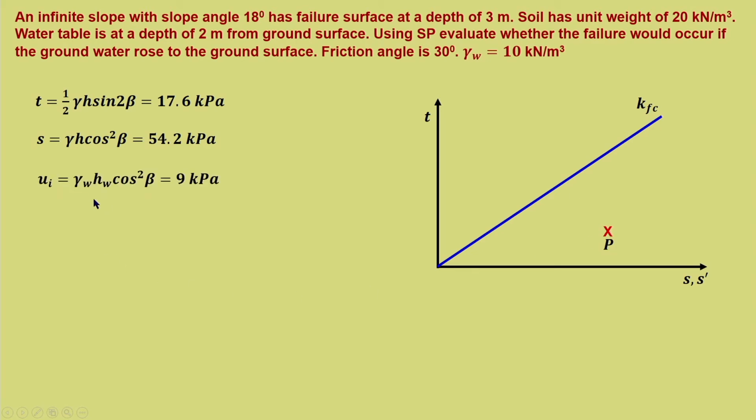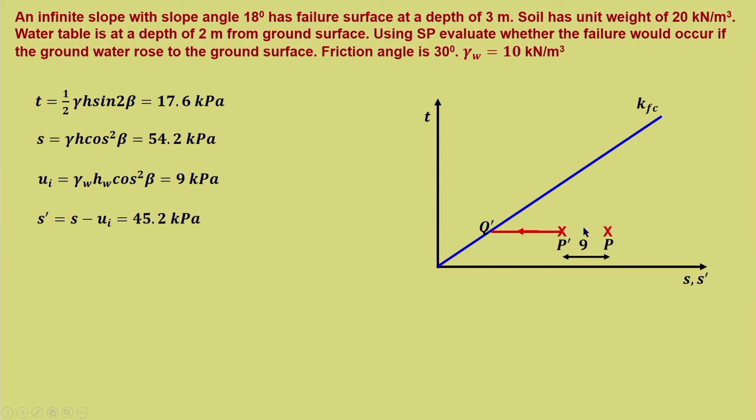Now, Ui is gamma W h W cos square beta, which is 9 kilopascal. Please substitute this and see for yourself. So, S dash is equal to S minus Ui, which is equal to 54.2 minus 9, which is 45.2 kilopascal. So, let us say that this is P dash, T remains same. Now, this is the Ui, that is 9 kilopascal.